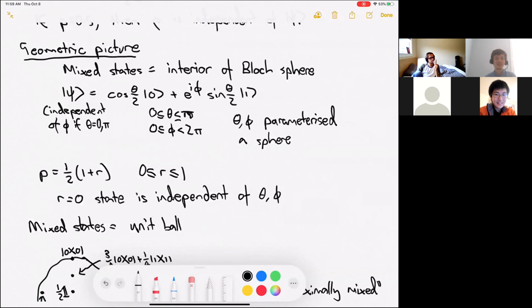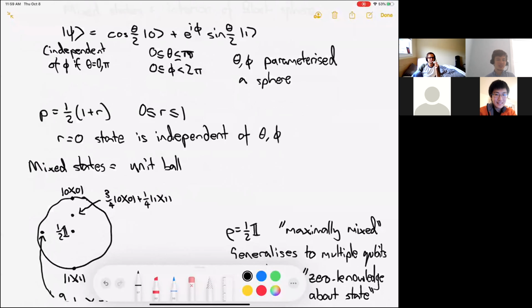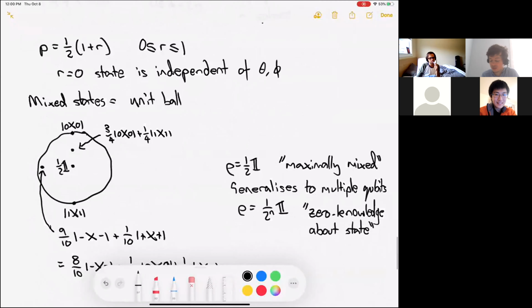If you had to guess one particular pure state, your best guess would be the state psi, because it has probability greater than half. But if the probability actually is equal to a half, then it's just as likely to be orthogonal to psi as it is to be psi. And in fact, it's also just as likely to be some linear superposition of psi and the state orthogonal to psi. You just have absolutely zero knowledge about the state whatsoever. There's no best guess at all because you just don't know anything. So hopefully that answers your question to some degree.